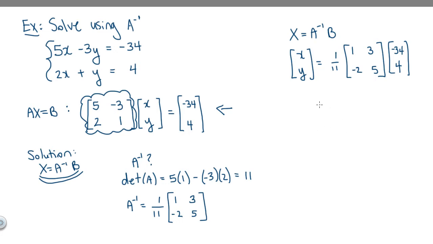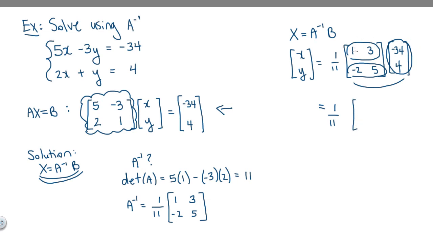All right, so all we have to do to finish up is to go through this matrix multiplication. So generally, I find it a little bit easier if we do the actual multiplication first, and let's just leave that 1 over 11 out in front for now. So to do our multiplication, let's circle the rows of our first matrix, circle any columns in our second matrix, and we can build our dot products.